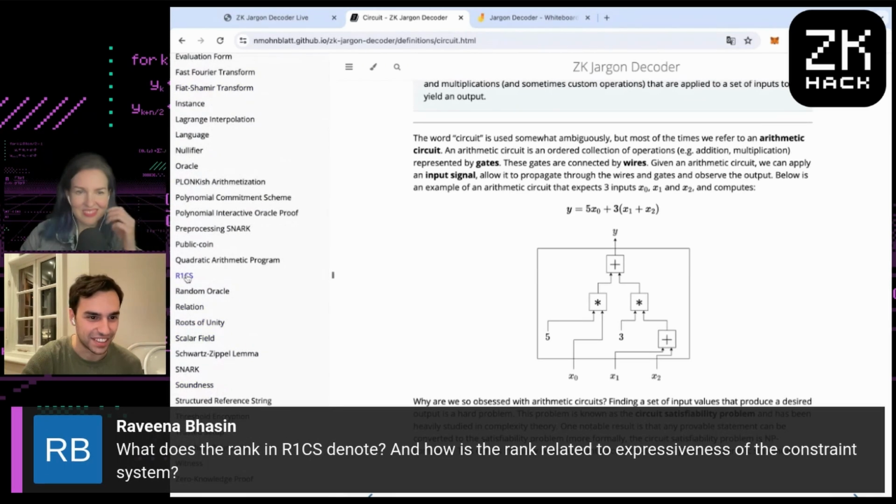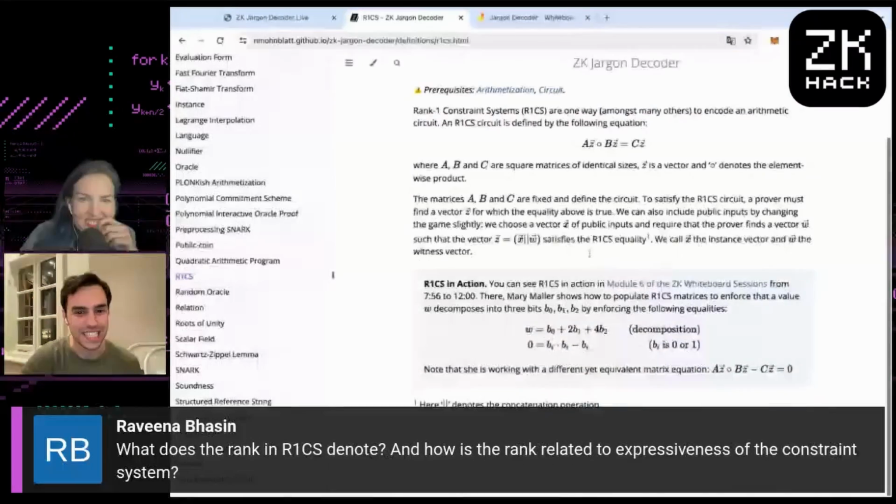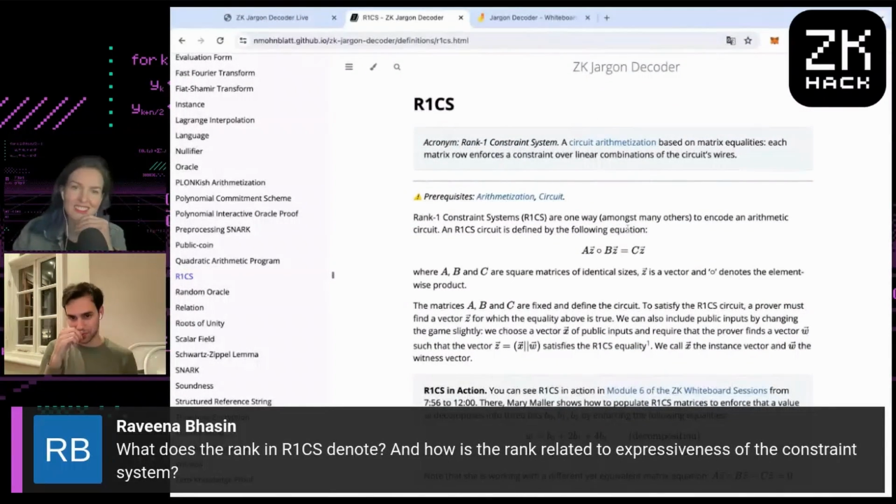In the whiteboard sessions, there's a good session where Mary Maller goes over how to use R1CS, or how to do it by hand. And I have a link there.